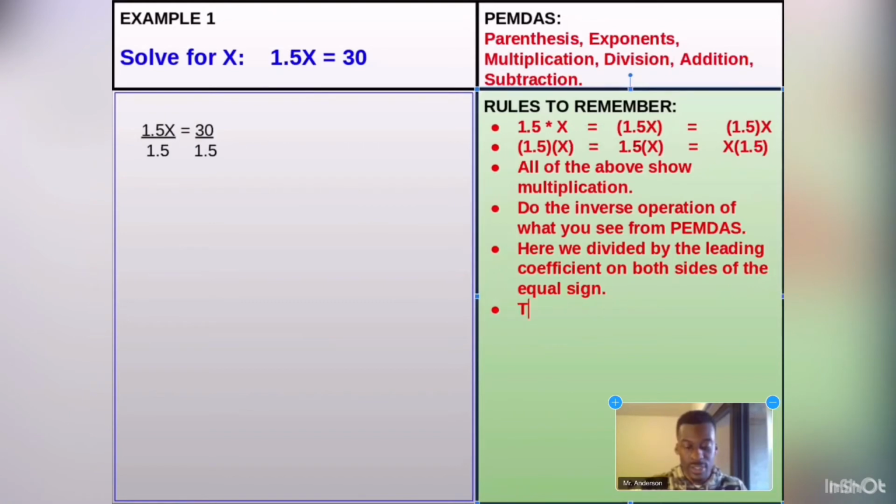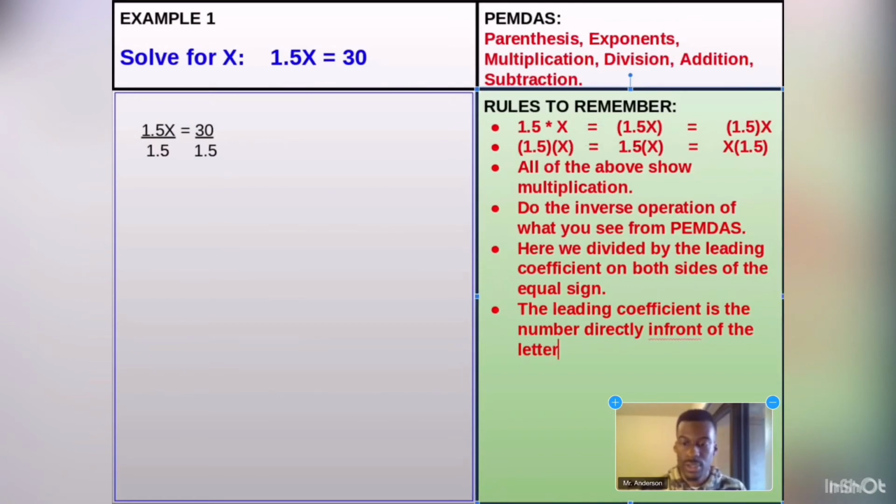The leading coefficient is simply the number directly in front of the letter. Very simple. This 1.5, that's a number, and it's directly in front of the letter. That's the leading coefficient. That's what you're going to divide by because you see multiplication.